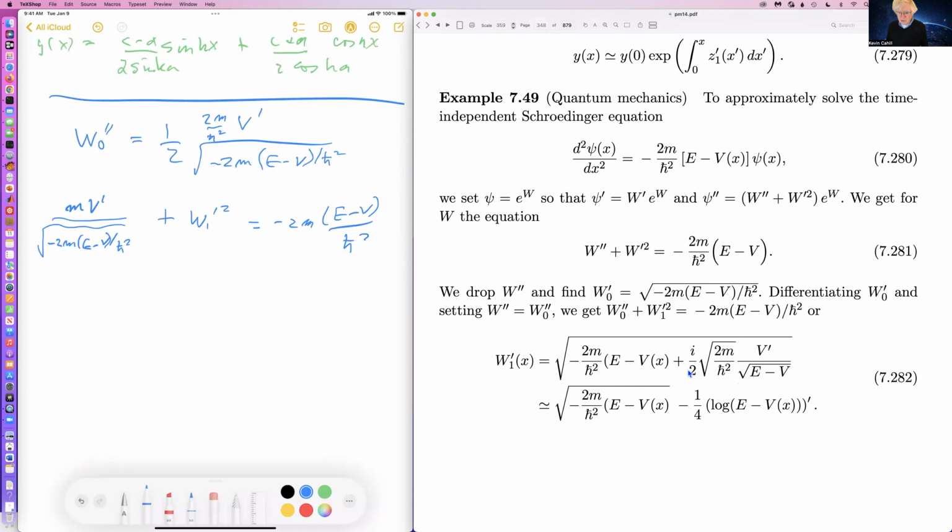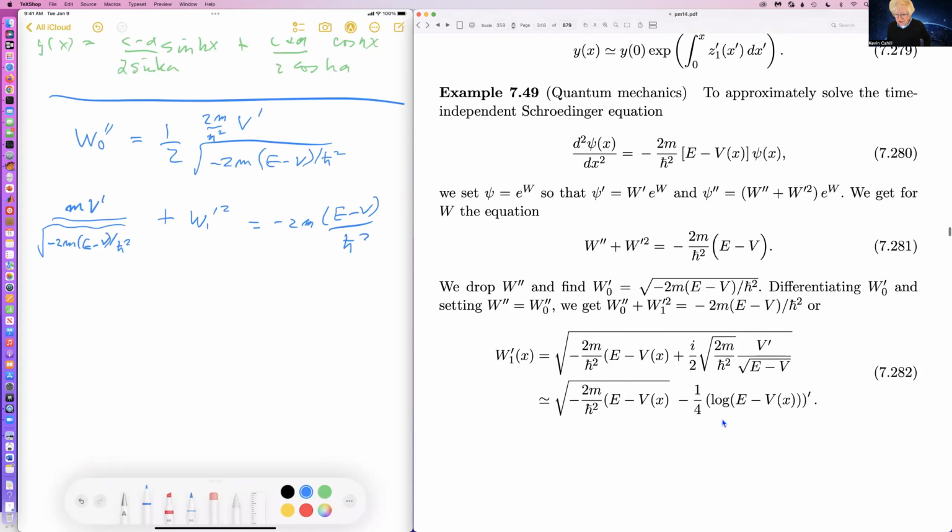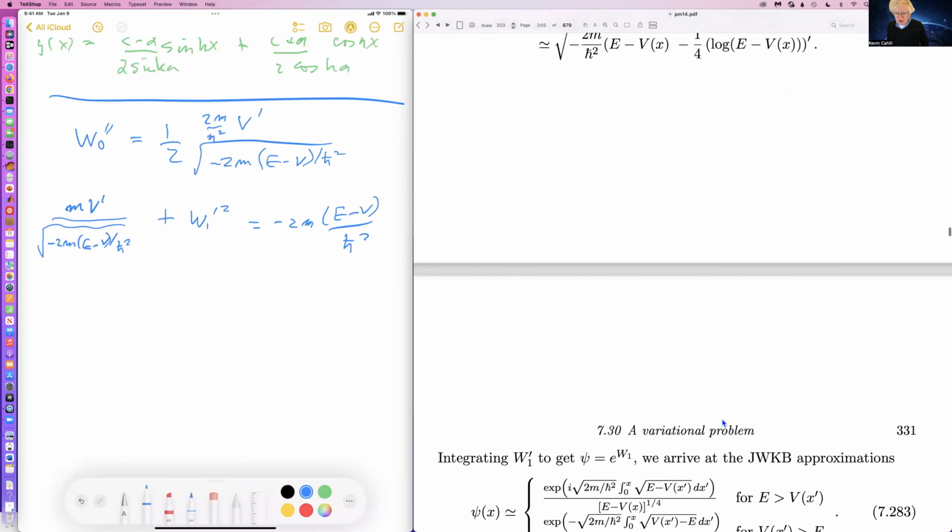Anyway, with some massaging, this is the exact approximation. You can then approximate our approximation by keeping the first term and then the correction, the best simple approximation to this is this plus that expression.